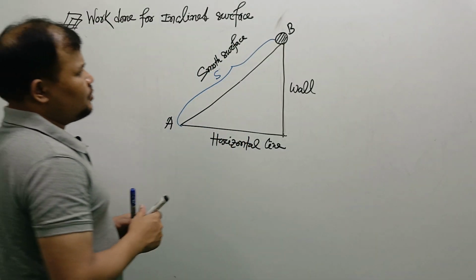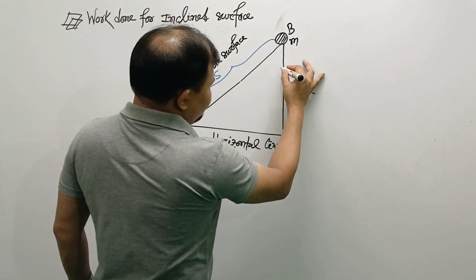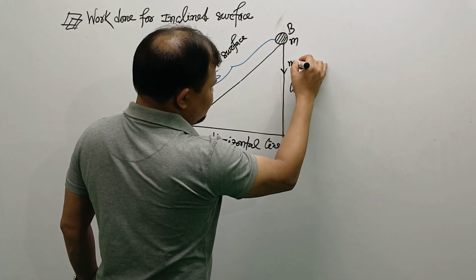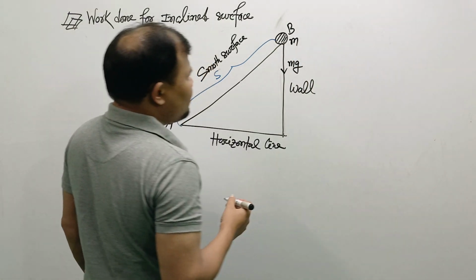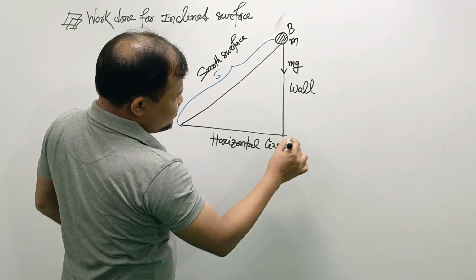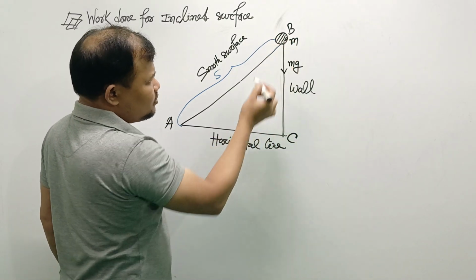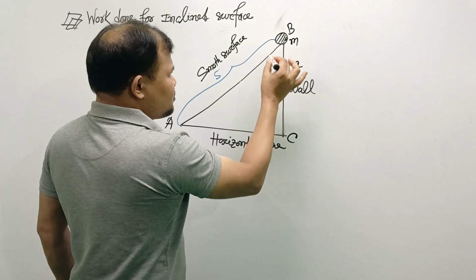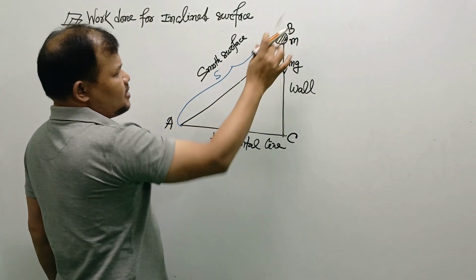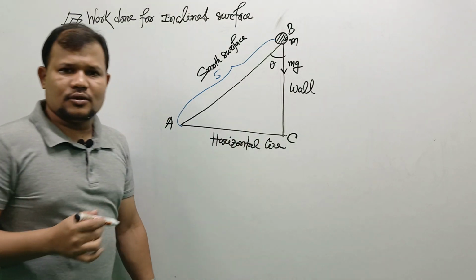If the mass of the object is m, we know the gravitational force will be mg. If this body goes from point B to C, then how much gravitational force acts on this body? mg. Suppose this inclined surface AB makes an angle with the wall, theta.